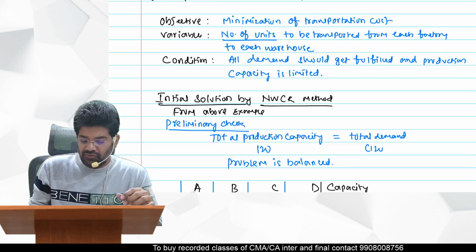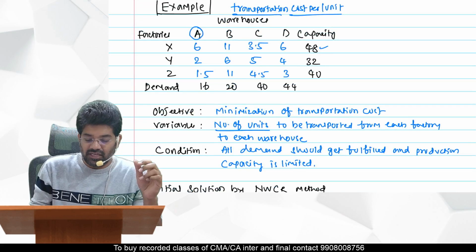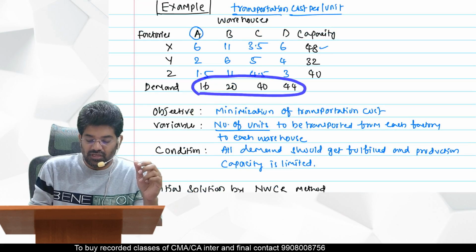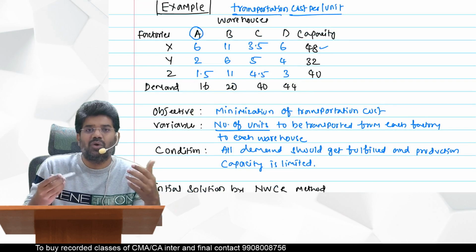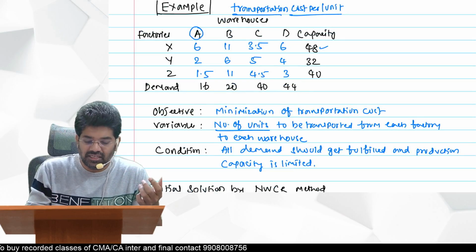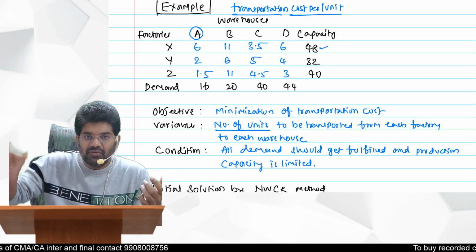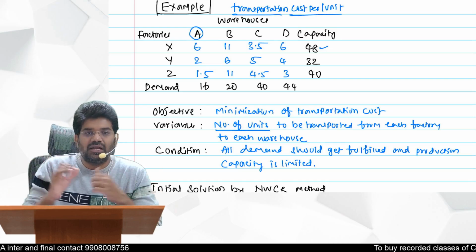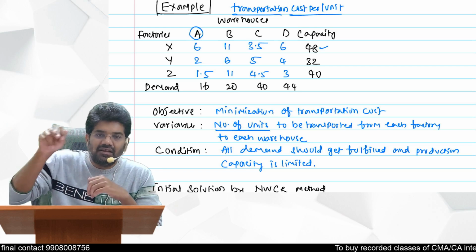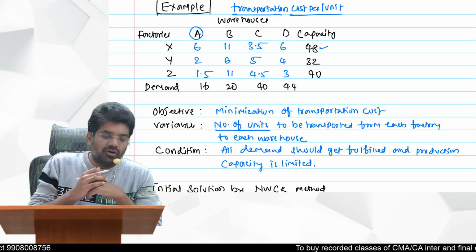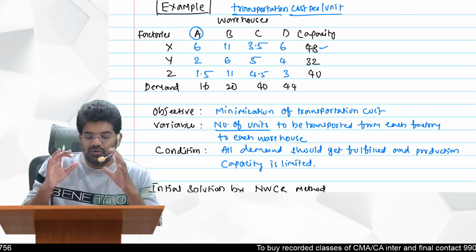Now what if your problem is not balanced? For example, the sum of these four warehouses is 110. Then we introduce a dummy column, a dummy warehouse with 10 as the quantity, and inside we take 0 as the transportation cost.